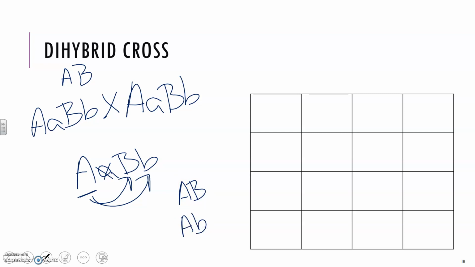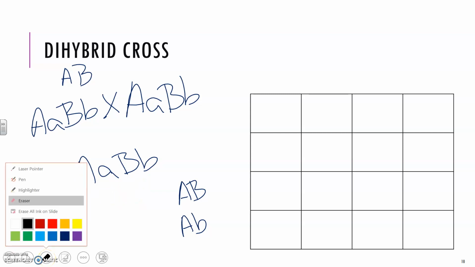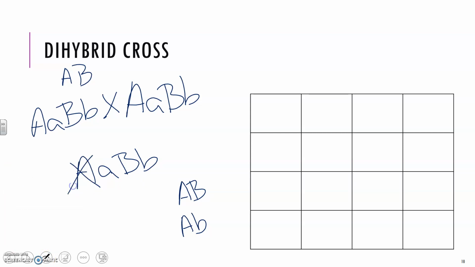Now we're going to go back and take a look at our lowercase a. Lowercase a cannot be combined with a capital A, but it can be combined with an upper B and a lowercase b. So there are the other 2 gametes. Now we have each of our alleles combined with the other alleles that it can be combined with.